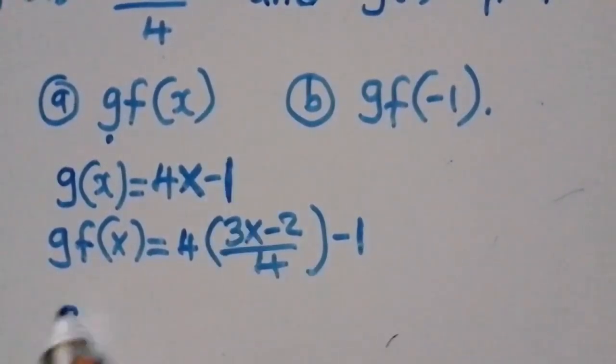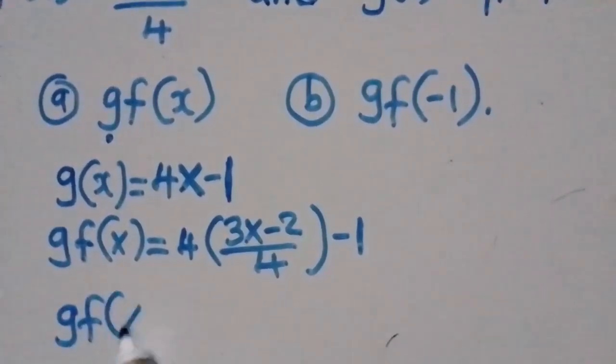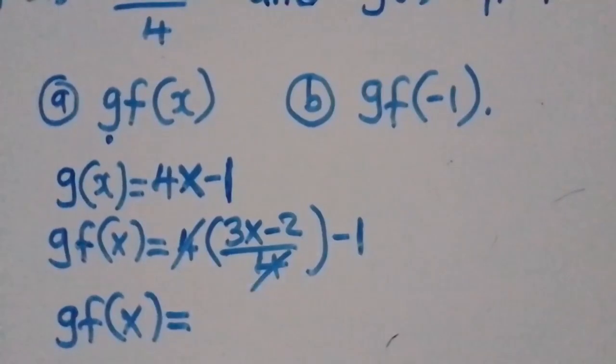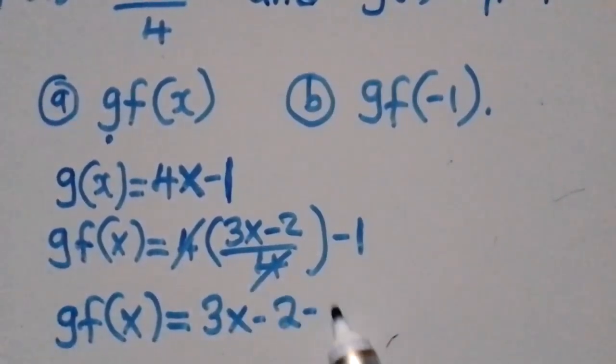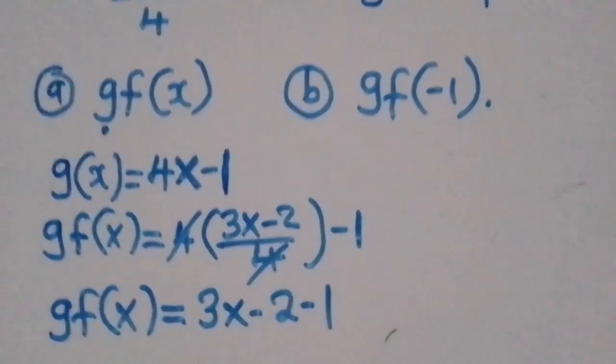So fg of x is equal to, the 4 and the 4 will cancel out. You are going to remain with 3x minus 2 minus 1. Hope this is the answer you found.